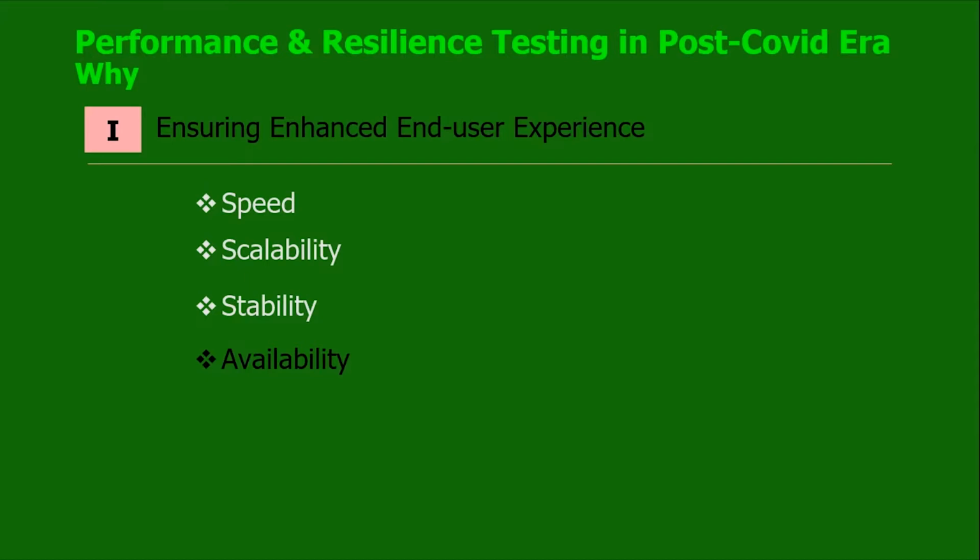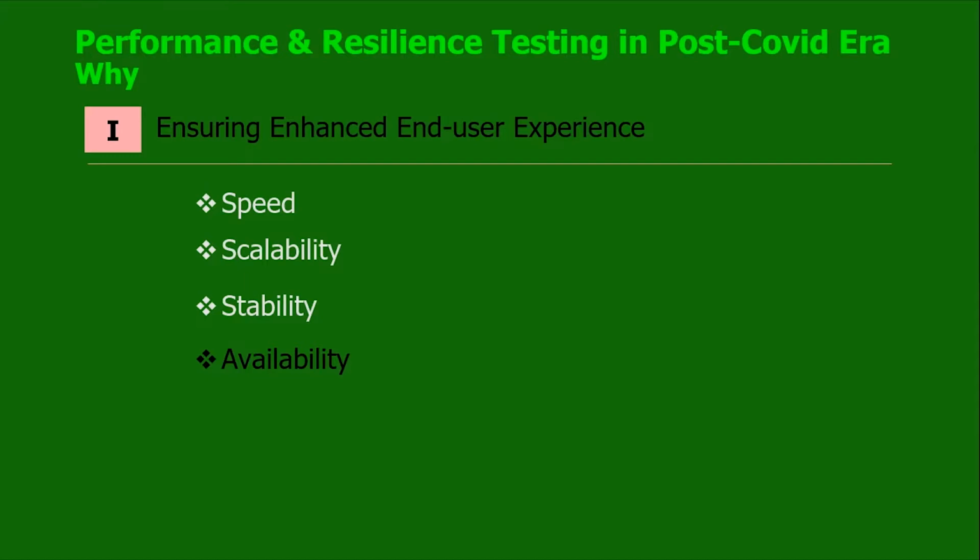Let's talk about stability. Stability is another important factor from the performance testing point of view. You have to ensure how your application can sustain or survive for a prolonged duration under a continuous expected load, or the average kind of load. This is also very important, especially for issues like memory leaks and those typical performance issues that we observe.